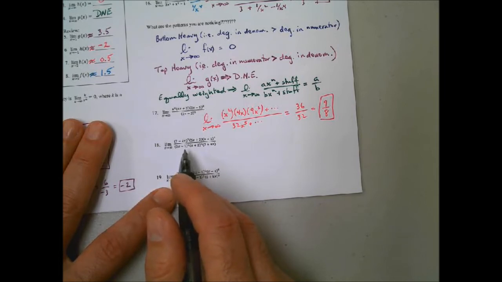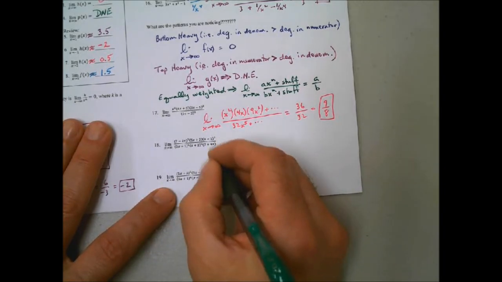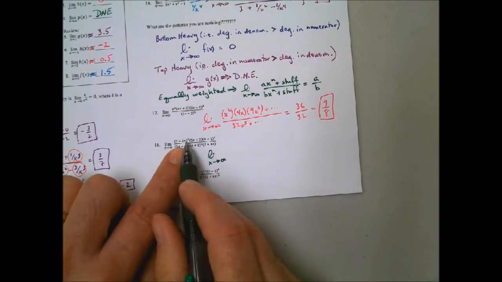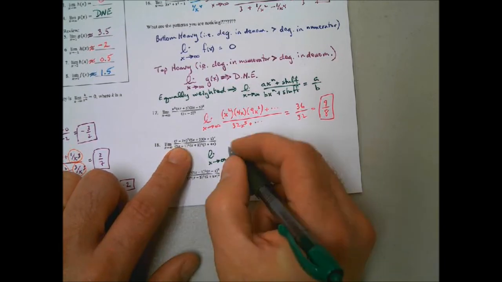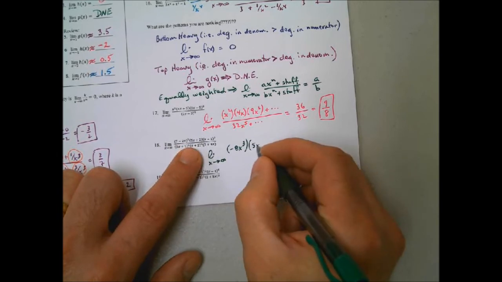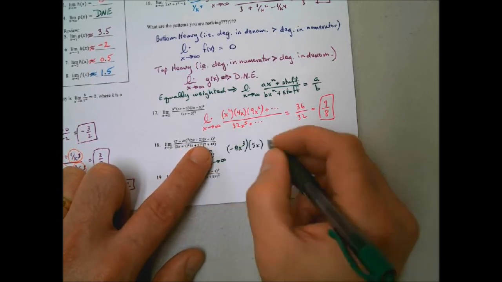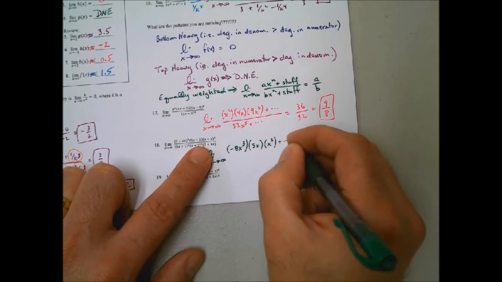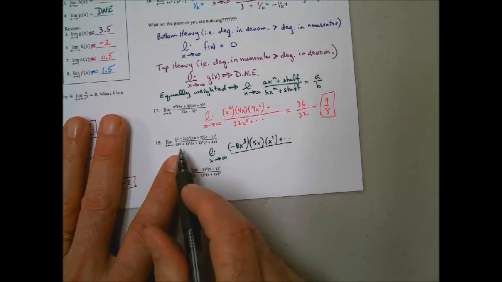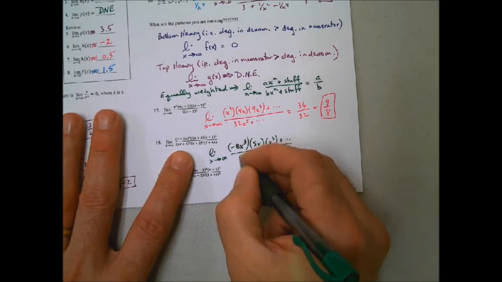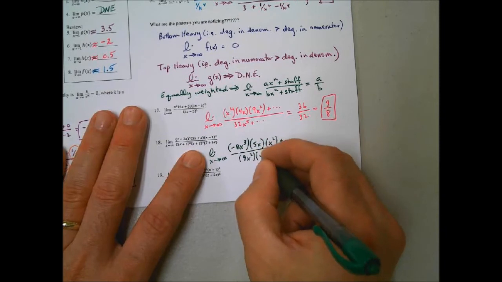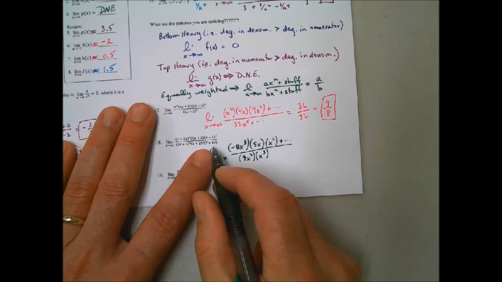So we need to see what the highest power of x looks like. We've got the limit as x goes to infinity of negative 8x to the third times 5x times x squared plus a bunch of stuff, over, down here in the bottom, I've got 9x squared times x cubed times 4x.